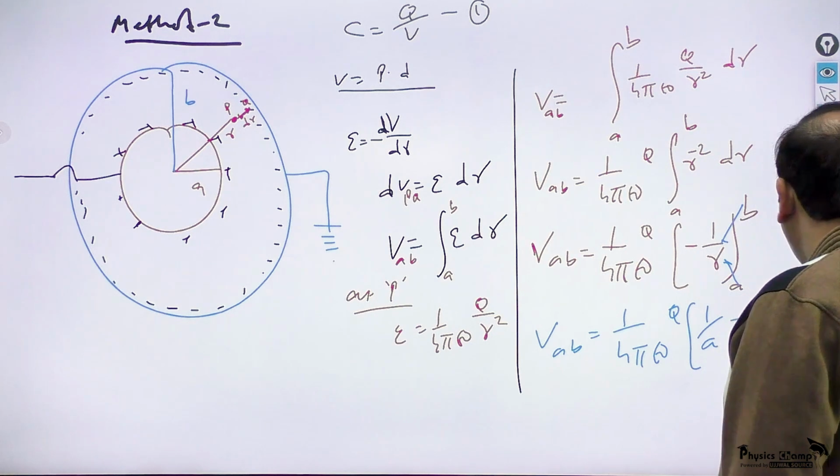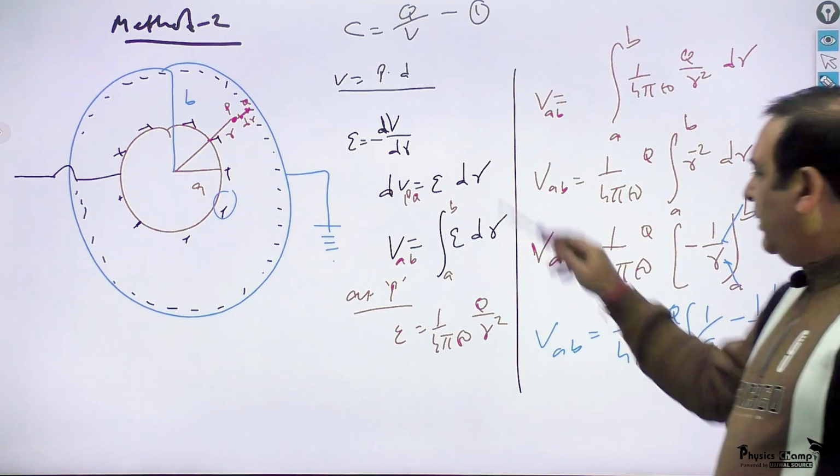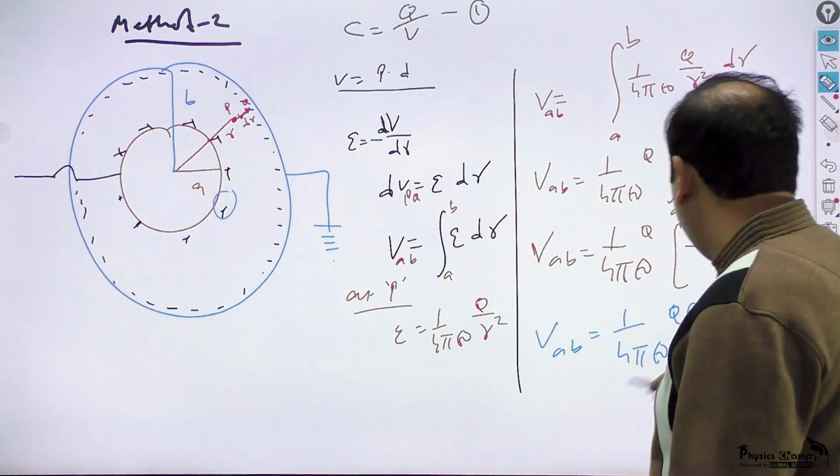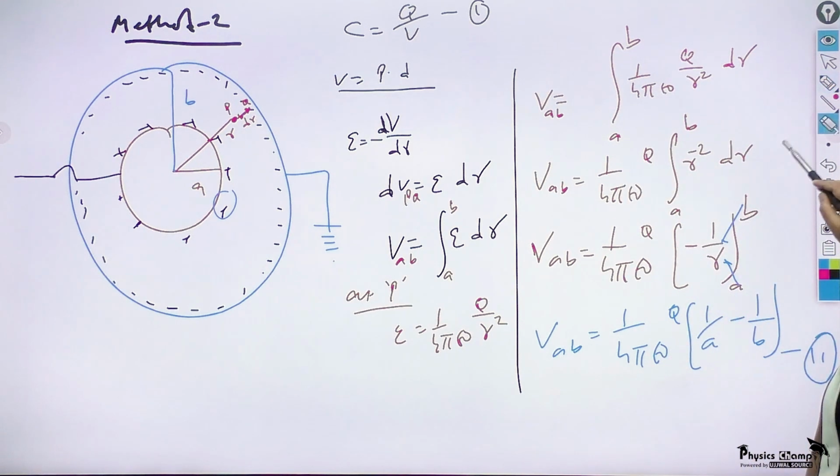So this is equation number 2. So potential difference from A to B here by integration I have obtained is 1 by 4 pi epsilon naught q 1 by A minus 1 by B.